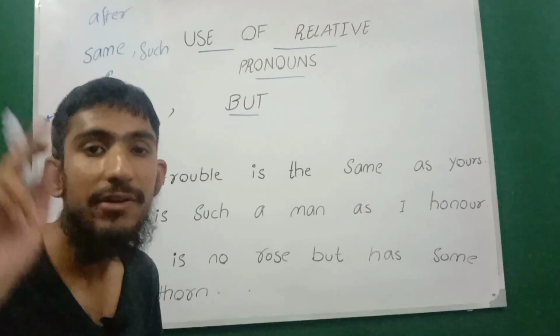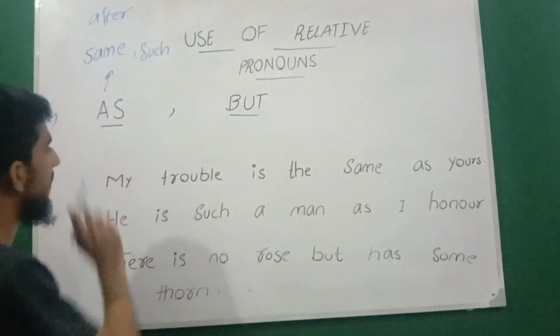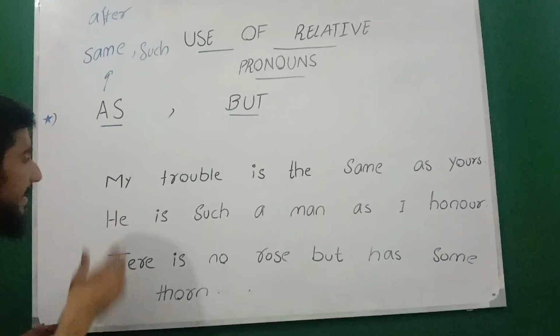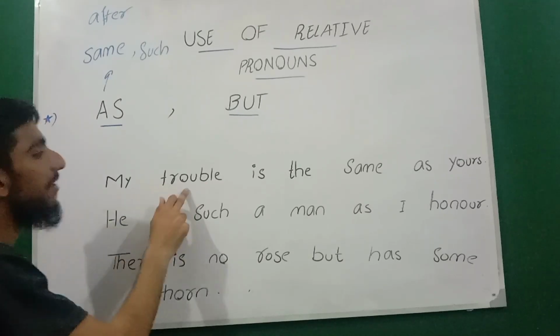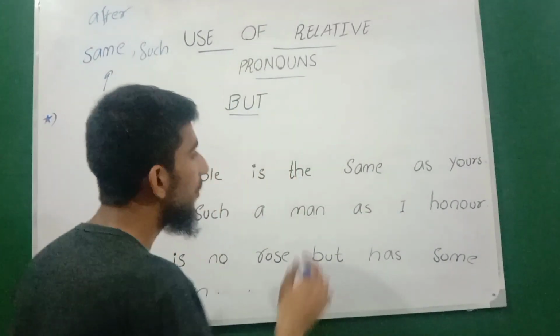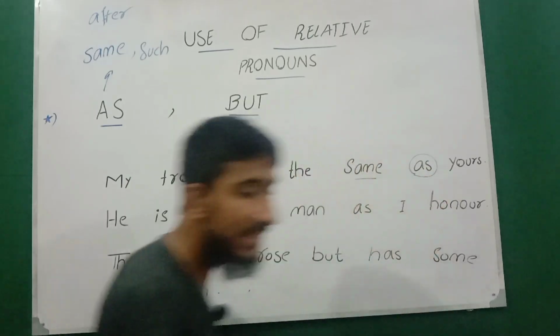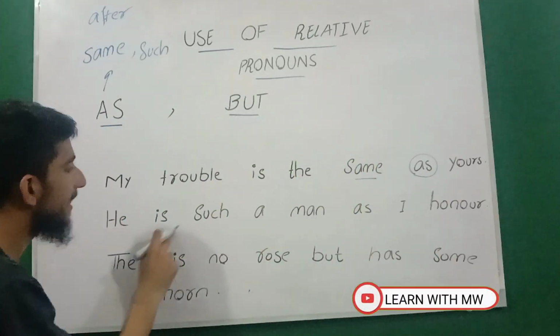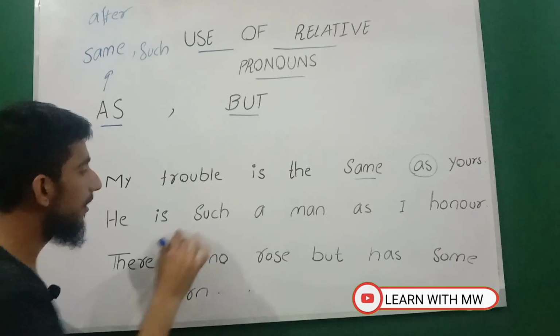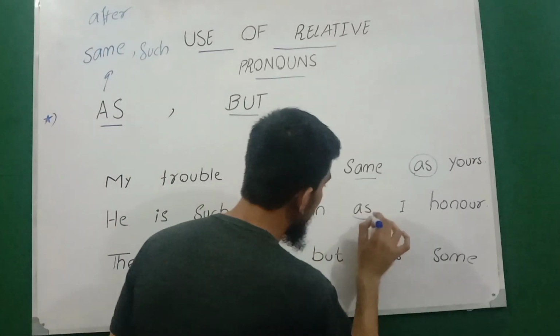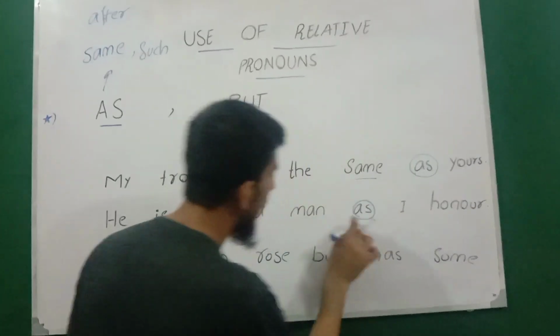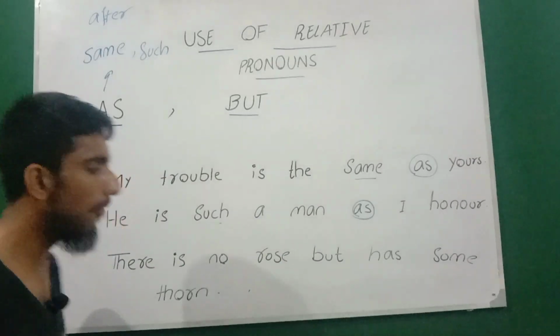Look at the examples. The first example is: my trouble is the same as yours. After the word same, as is used as a relative pronoun. Look at this: he is such a man as I honor. After such, as is used as a relative pronoun.